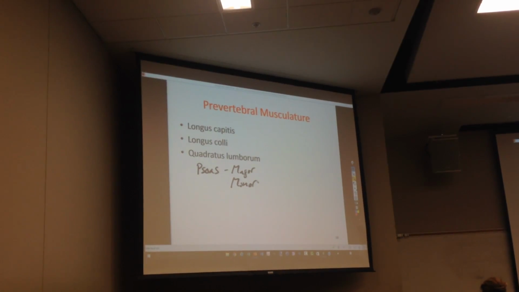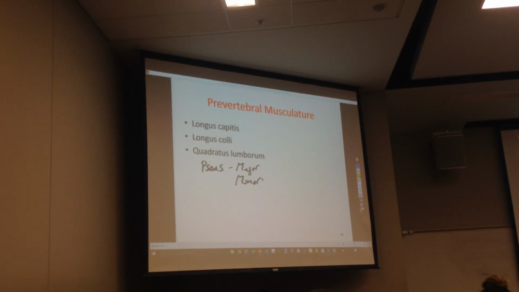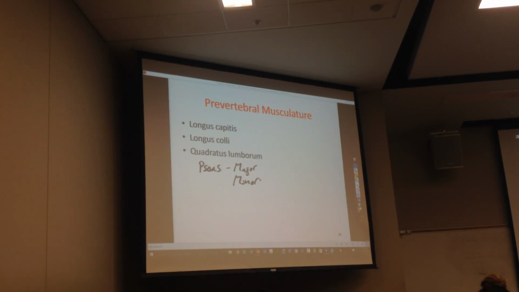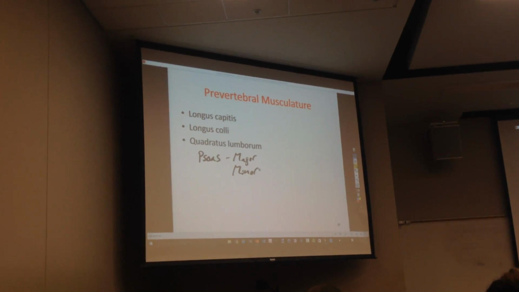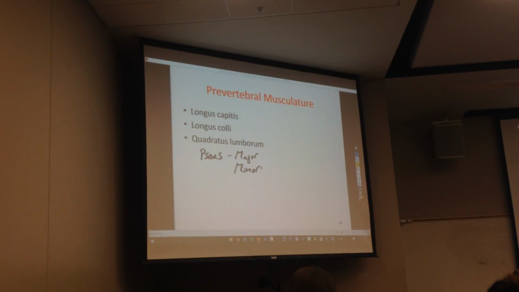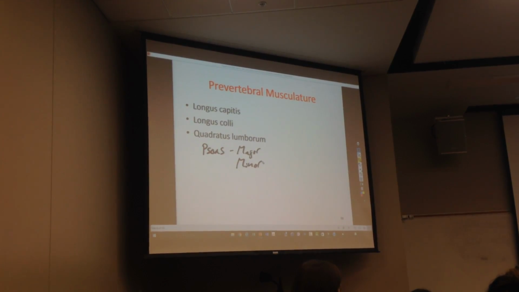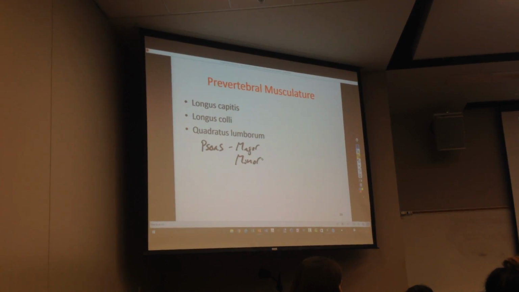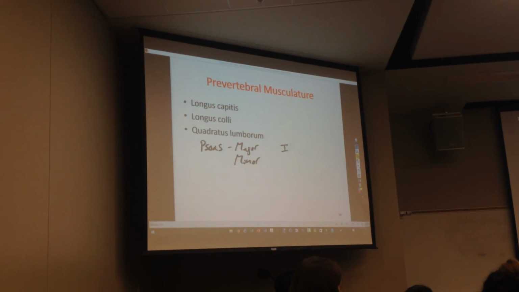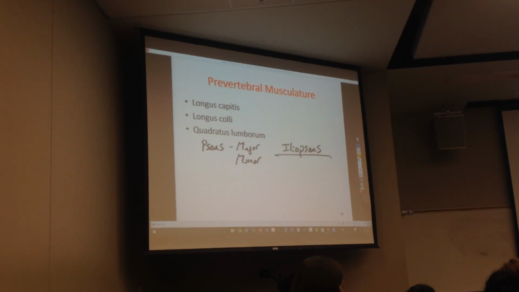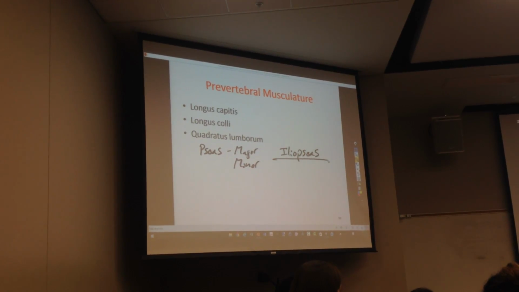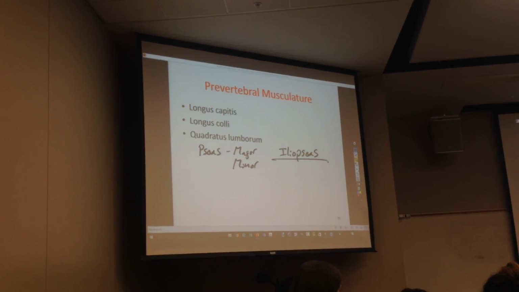These are also prevertebral. The only reason why I bring this up is because hopefully, at some point when you were working on the stuff in the lab, you actually saw this. You might have seen the iliopsoas muscle, okay?